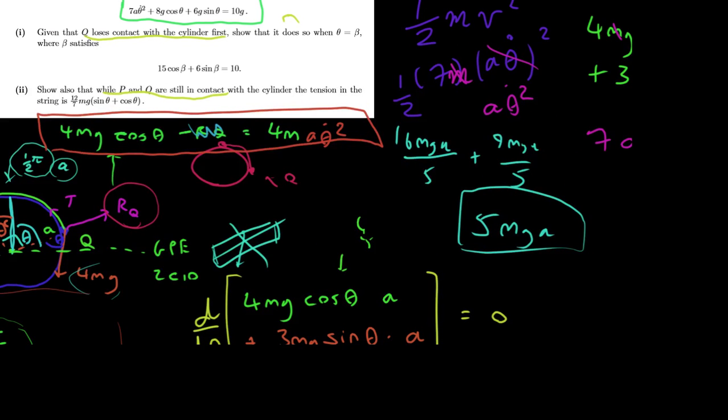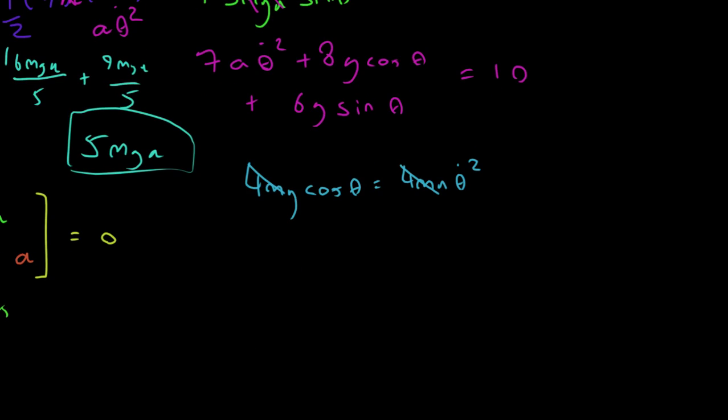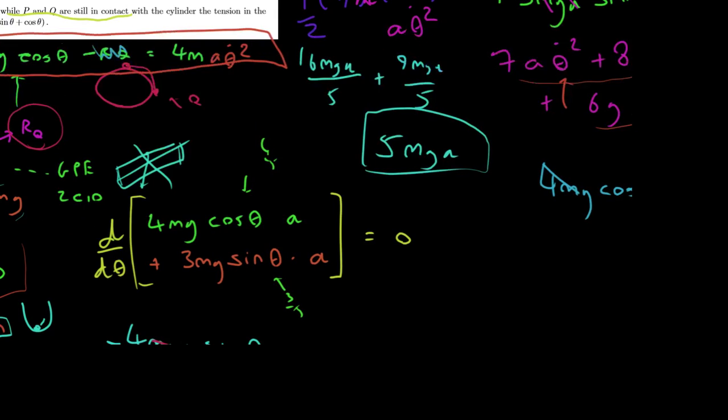Now, we want it in terms of cosines and sines. So the trick is, can we think of a way to get theta dot in terms of cos and sine? Well, we can. That's just here. We just rearrange that equation and make theta dot the subject, substitute everything in, and we're done.